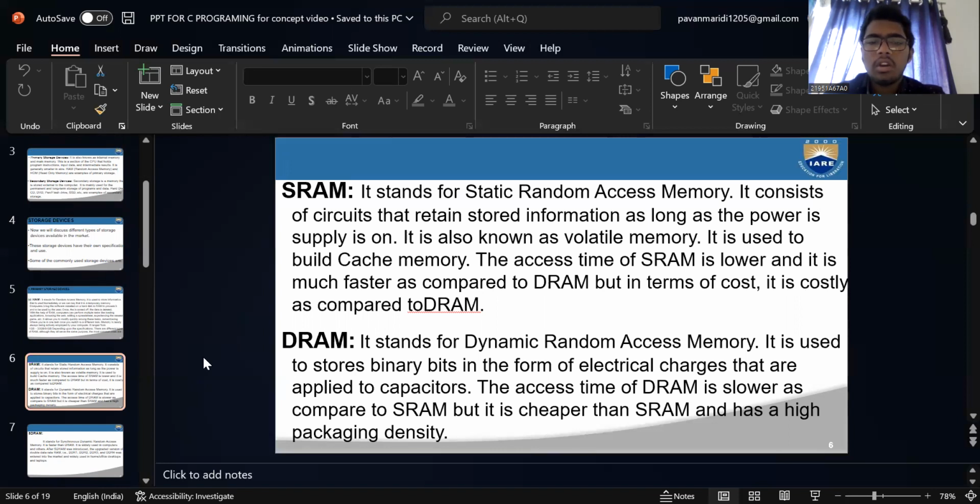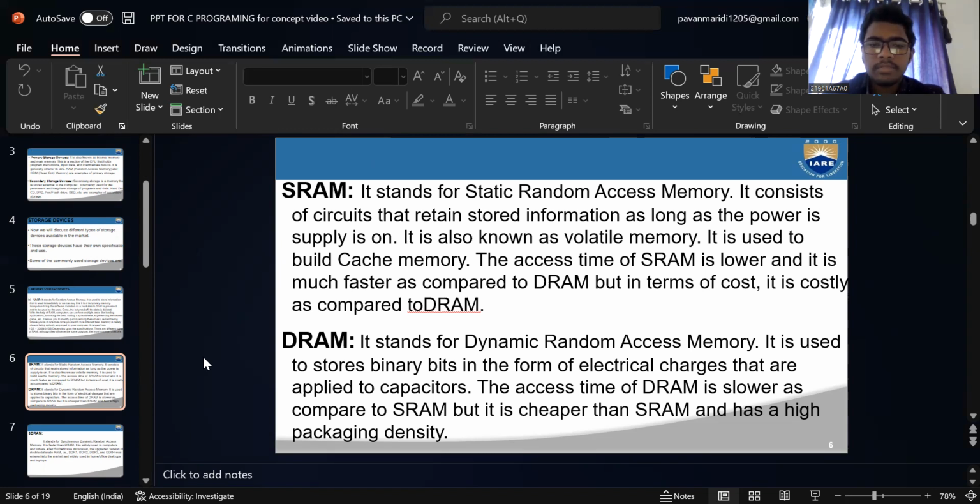It is also known as volatile memory. It is used to build cache memory. The access time of SRAM is lower and it is much faster as compared to DRAM. But in terms of cost, it is costly as compared to DRAM.